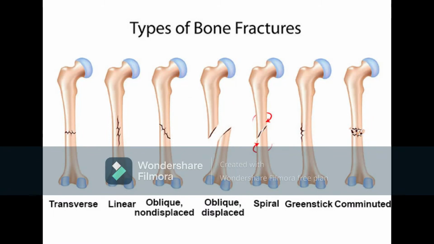You got that? 99.9% of the time reduction is non-surgery. Just click, click, click, click. She's back to normal. Any question? So you are responsible to read box 58-4, reduction, and E. Highlight E.